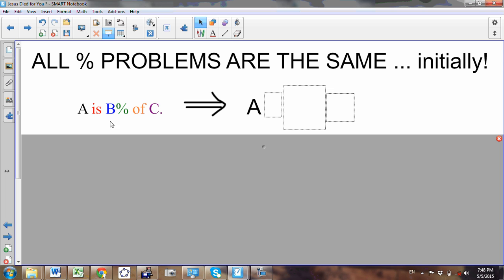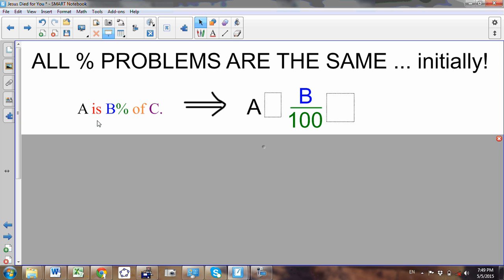Okay? In the previous video, I explained the significance of this percent symbol and what percent really means. So B percent really just means B divided by 100. That's what percent means: per cent, divided by 100. So B percent is B divided by 100.